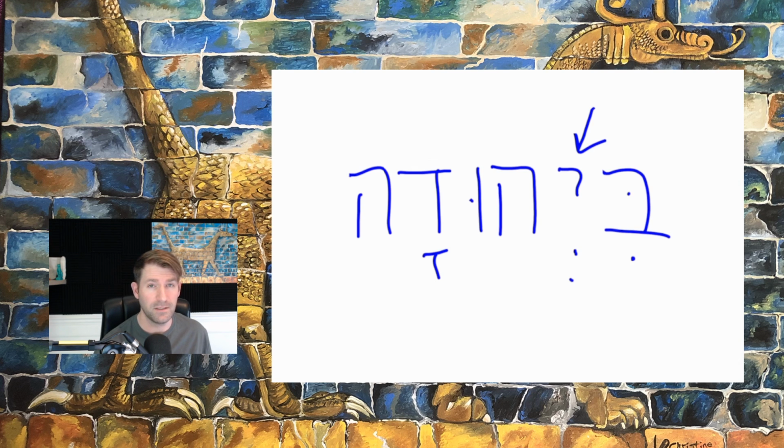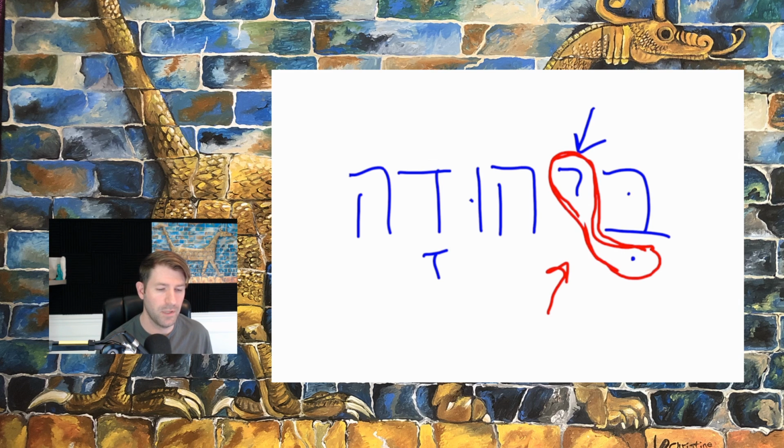But in this case, because there's a yud, these two kind of go together and form a hirik yod, and you get bihuda. Essentially this second shva here drops out, and you get a long vowel here, bihuda, bihuda.